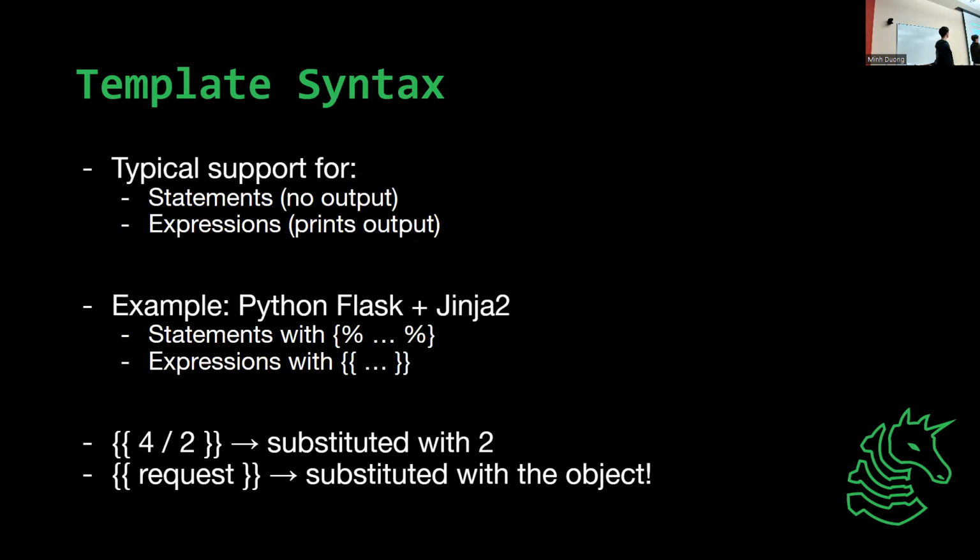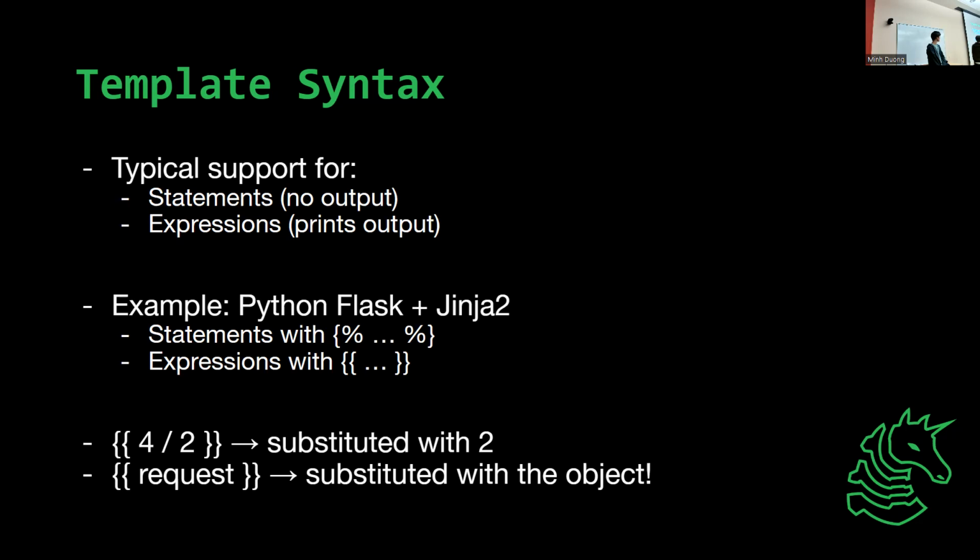There are a lot of templating engines for JavaScript or Python, but the main one we're going to focus on today is commonly seen in CTF challenges, as well as Flask. Usually across all different languages, the template has syntax support for statements, where you just execute code and don't get the output, and expressions, where it actually prints out the output.